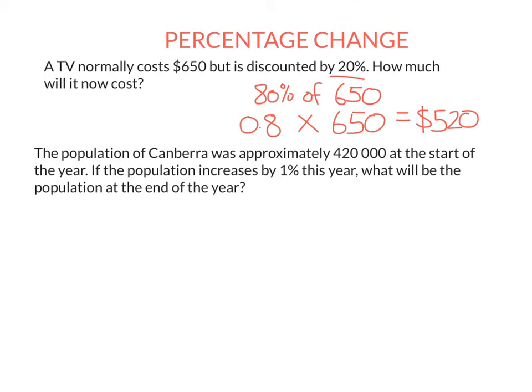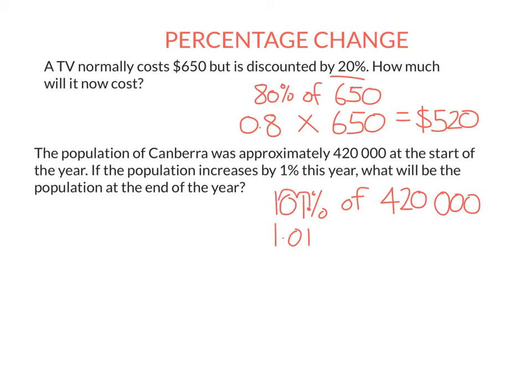So the population at the end of the year will be 101% of what it was at the start of the year. To find 101% of 420,000, we're going to do it very similar to what we did up here. We convert the percent into a fraction or a decimal. To convert 101% to a decimal, it would be 1.01. Remember, if you're unsure, you start with the decimal point and move it 2 spots to the left.